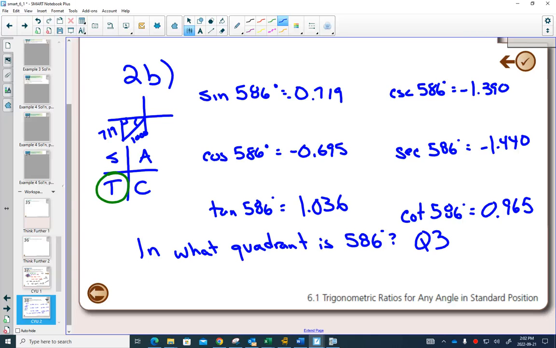That 0.719, sine always means the opposite divided by the hypotenuse. I need to make some number on the opposite divided by some number on the hypotenuse equal to 0.719. 1,000, because that was an easy thing to do, right?